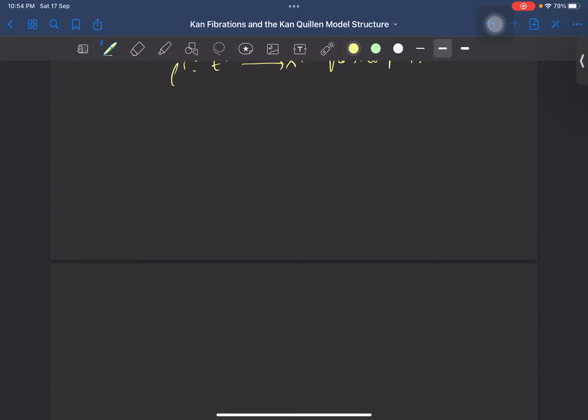Okay, so for monos, we have the following monos. Let me introduce some notation.